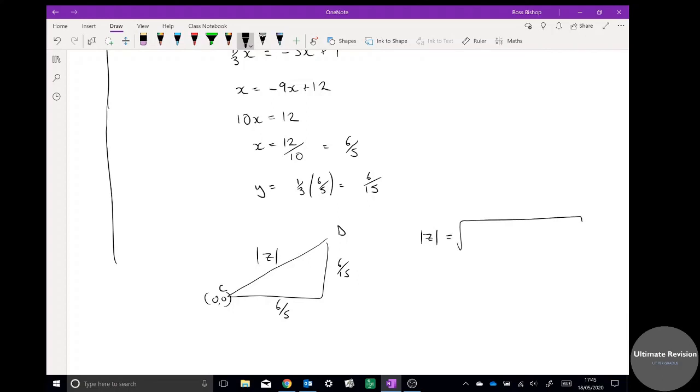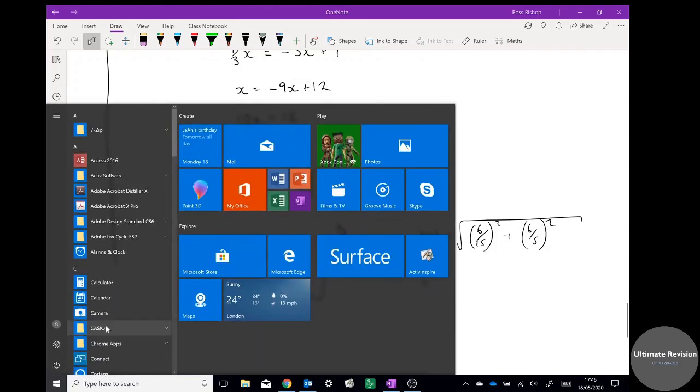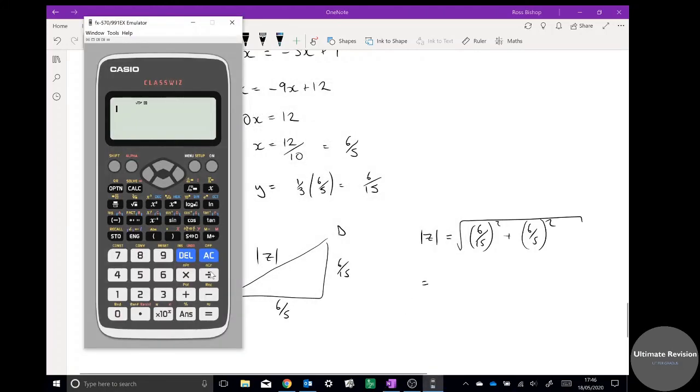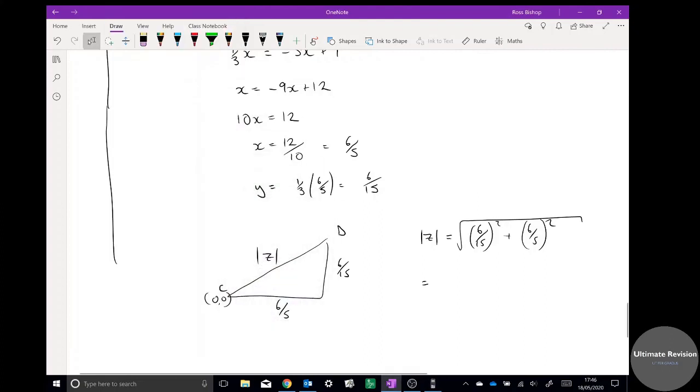It's going to equal the square root of the sum of the squares, which is equal to, if I get my calculator up, 2√10/5, and that would be my answer.